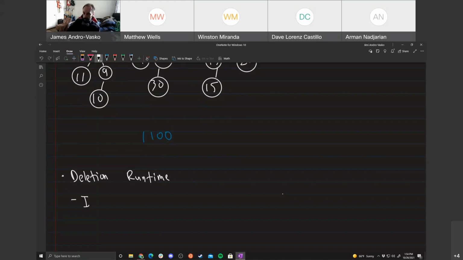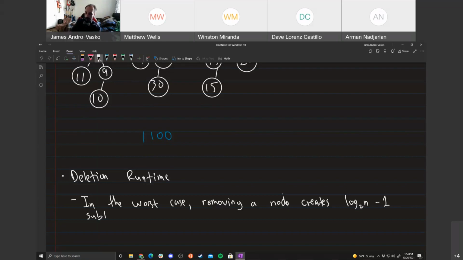So in the worst case, removing a node creates log n minus 1 subtrees if you have a very big binomial tree that we're working with.